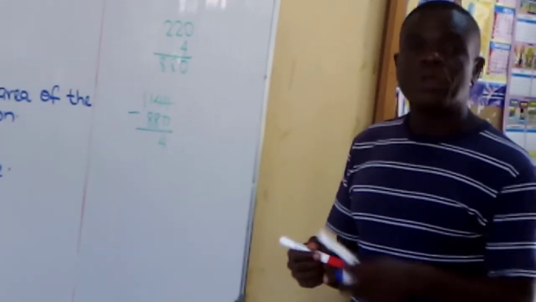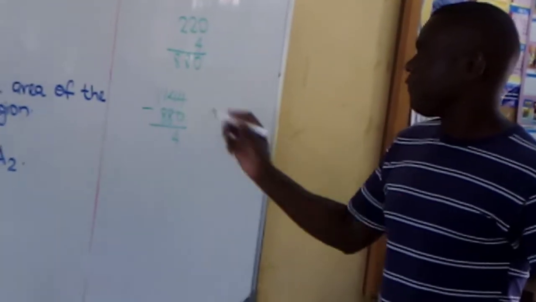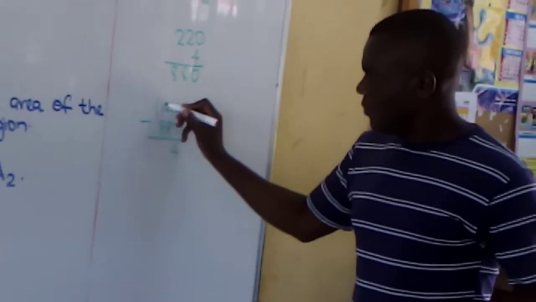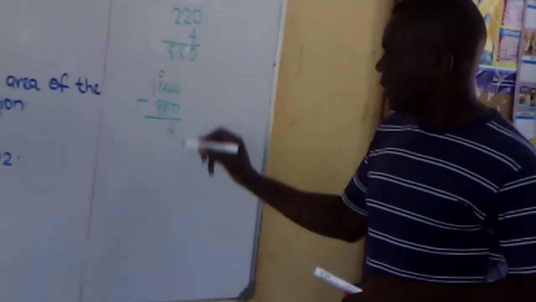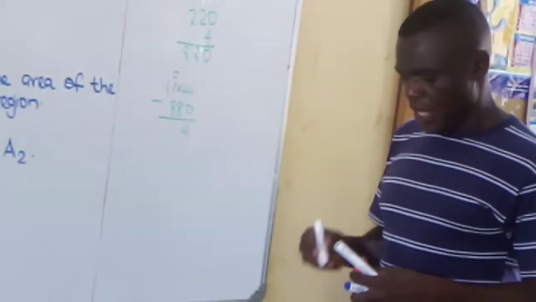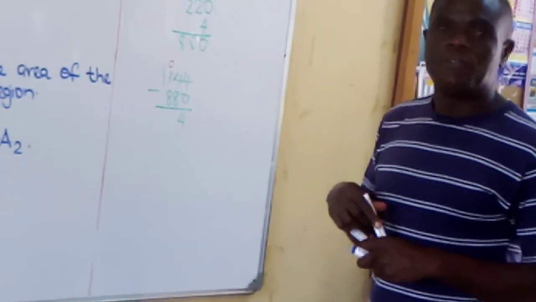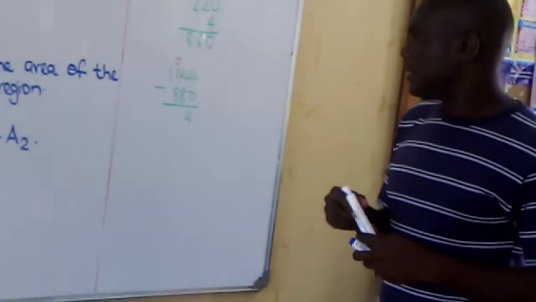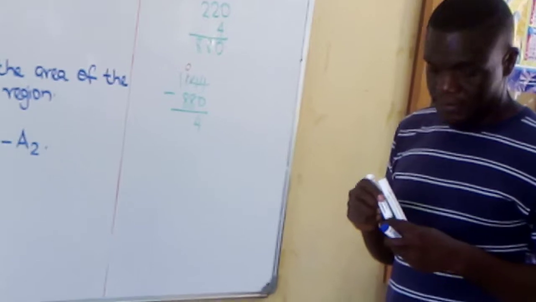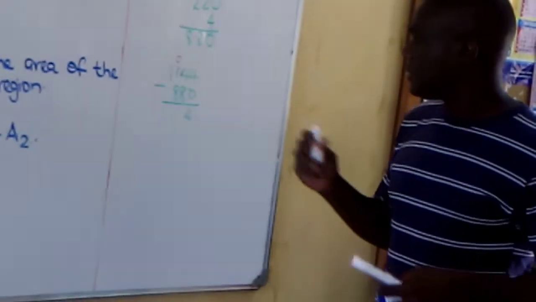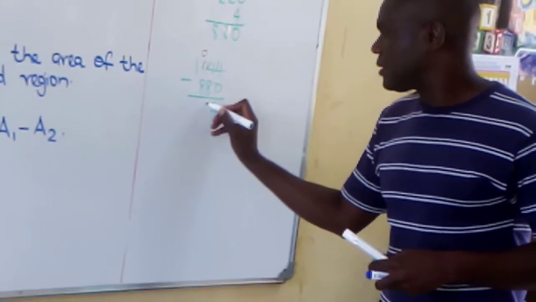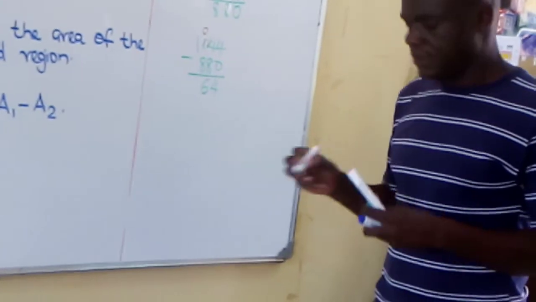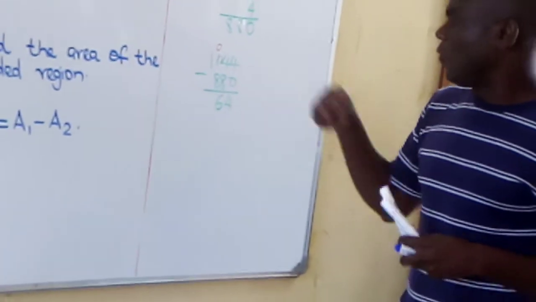We borrow 1 from 1. Then we remain with 0. Remember to cancel when you borrowed. And you add 1 there, comes 14. 14 minus 8. What do we get? Yes? 14 minus 8 is 6. So right there 6. Now we have 0.